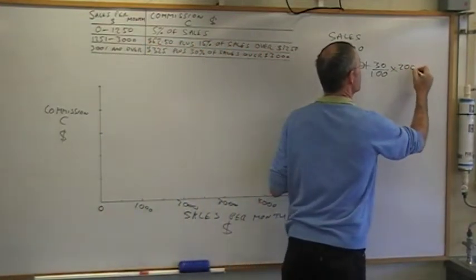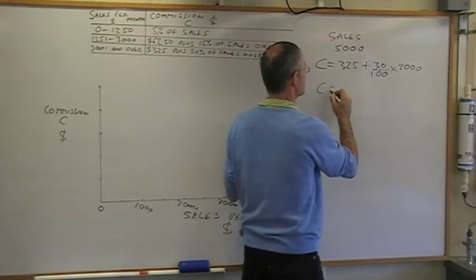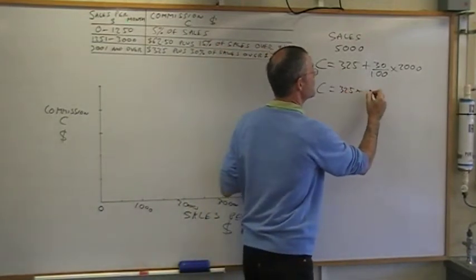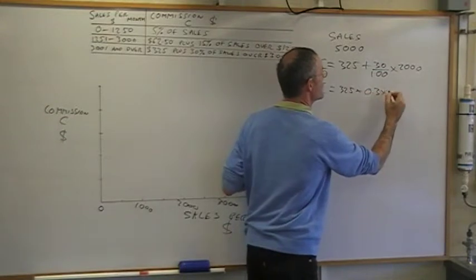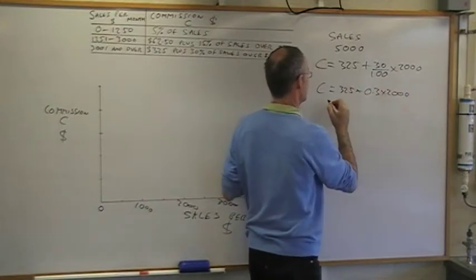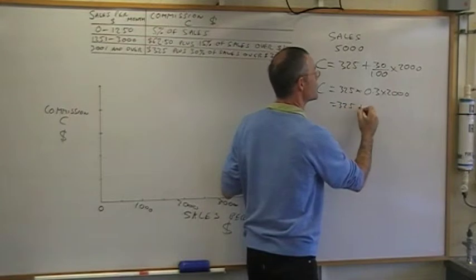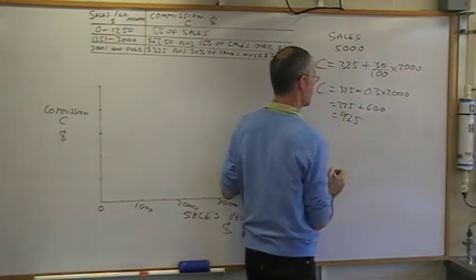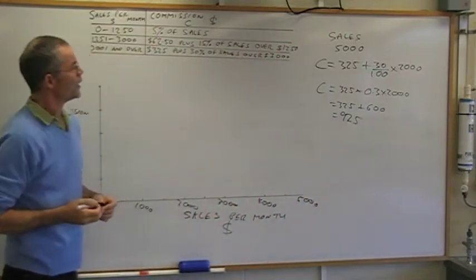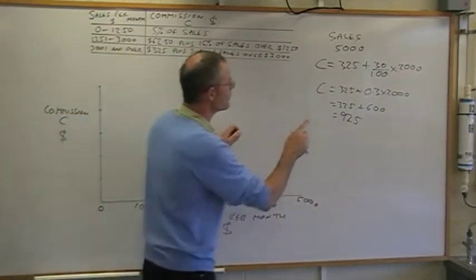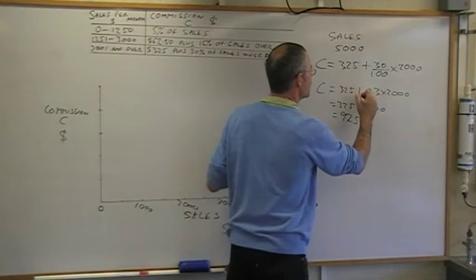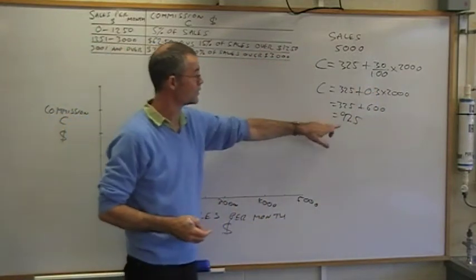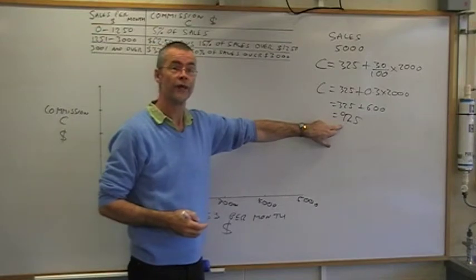So just working out what that is, that's 325 plus 0.3 times 2,000, which is 325 plus 600, 925. Whoops, that should be a plus. Okay, if I have 5,000 sales, I get commission of 925.